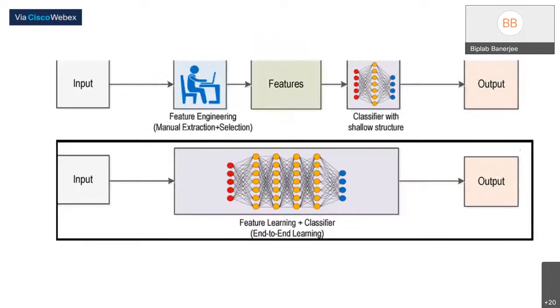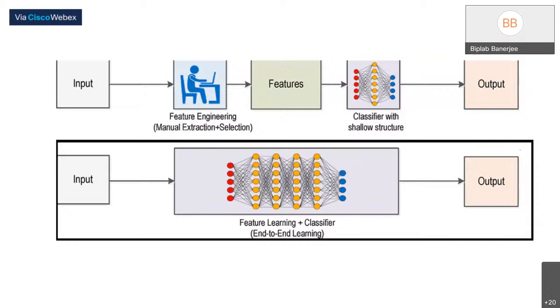Just to summarize, I have been talking about data-driven feature learning for quite a bit. The top row shows a standard method followed before deep learning, where, given the input data, we had to do feature engineering, like applying some feature extraction algorithm without considering the property of the data, and the features are then directly fed to a classifier.